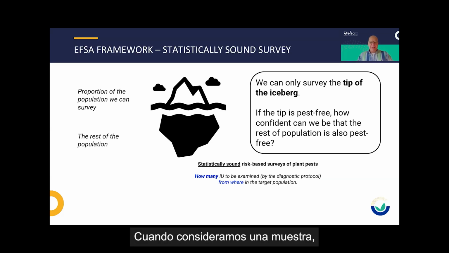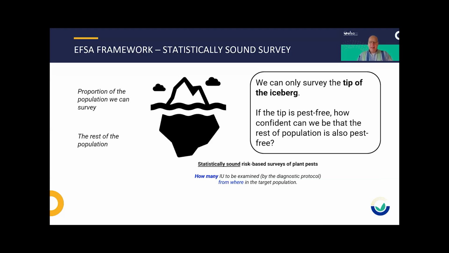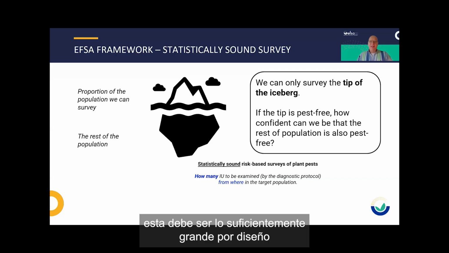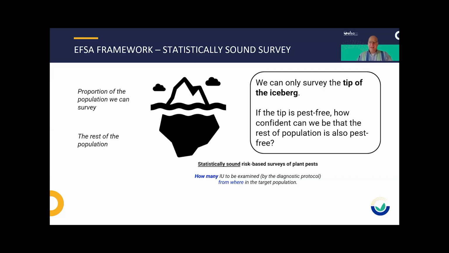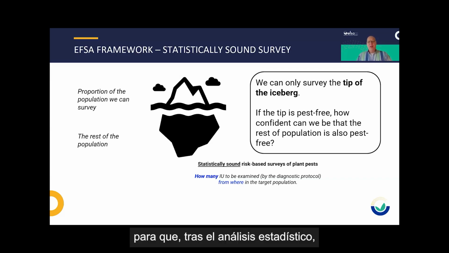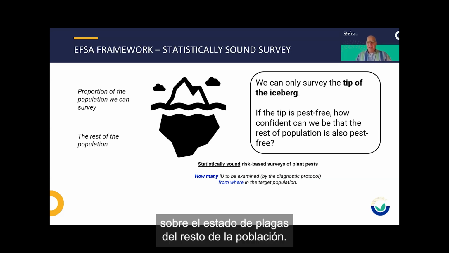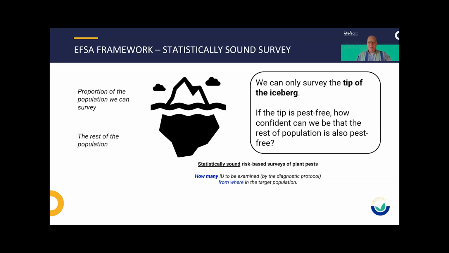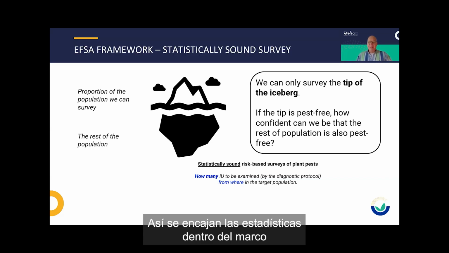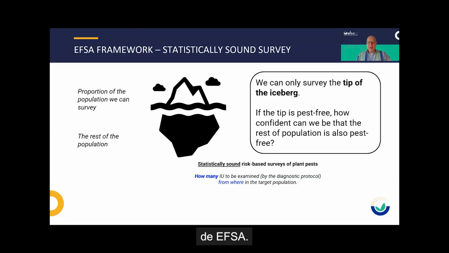And the idea is, as you can imagine, to consider a sample. The sample must have a sufficient designed size so that afterwards, using statistics from the outcome of surveying this sample, one can conclude with a given confidence the pest status of the rest of the population. That's the way statistics comes into this framework that is developed by EFSA.